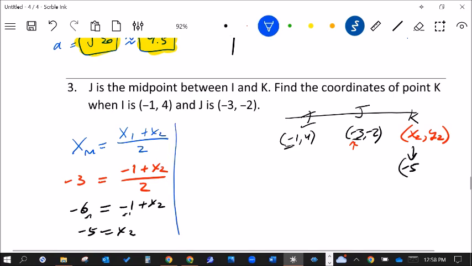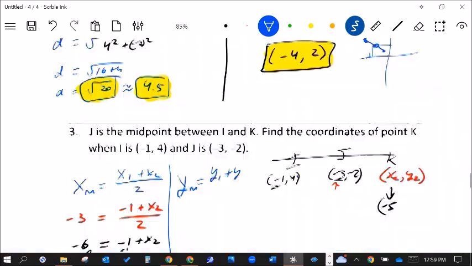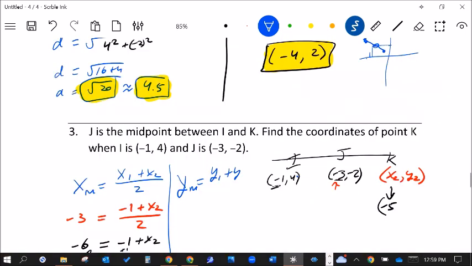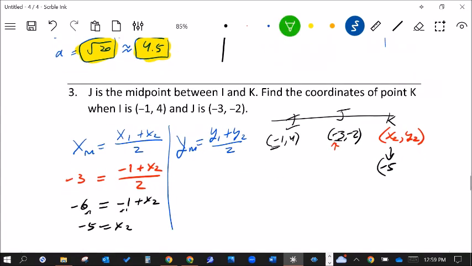Now let's do the other one. The y of the midpoint is equal to y1 plus y2 over 2. So in this case, that means that this is the y. So that's -2 equals this y, 4, plus the other y that we don't know, and we'll find out now.